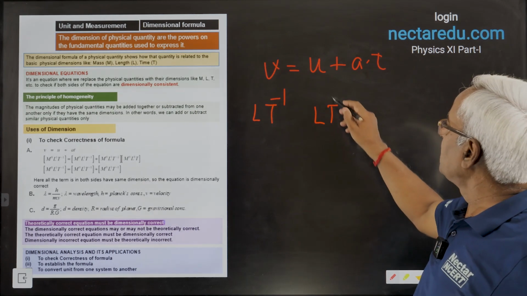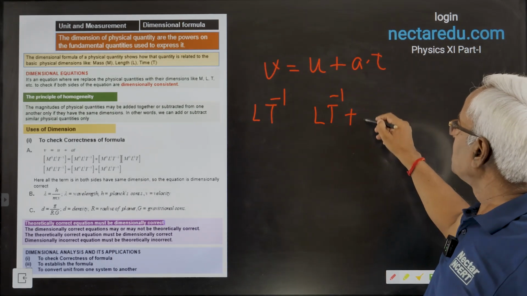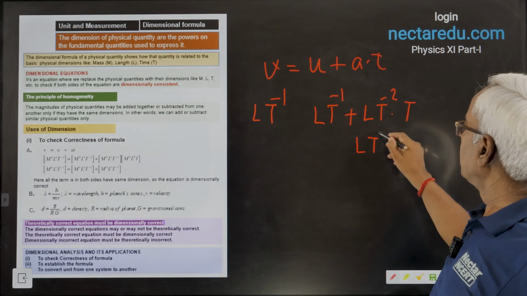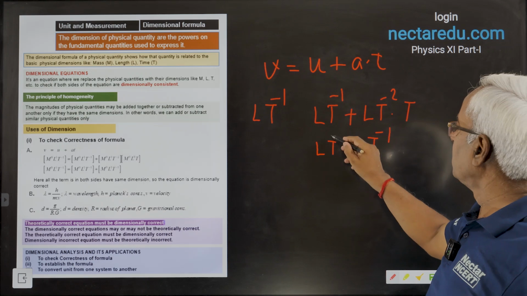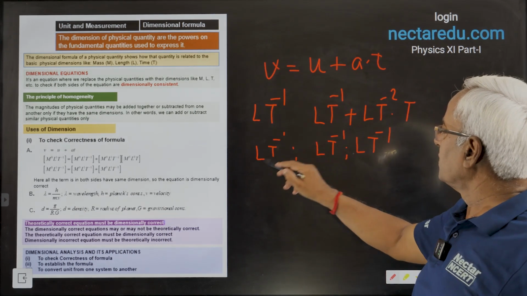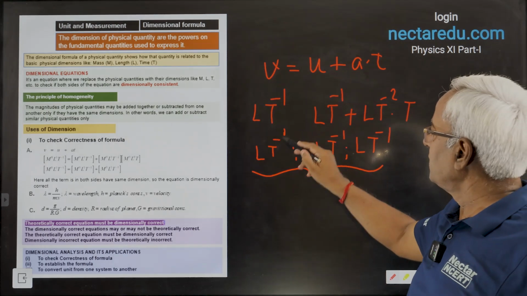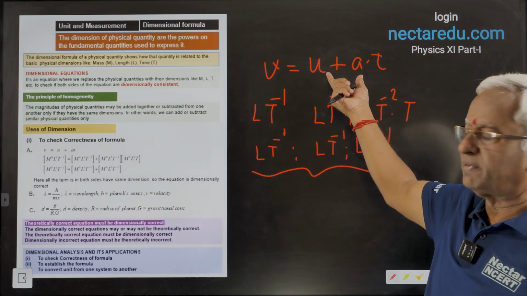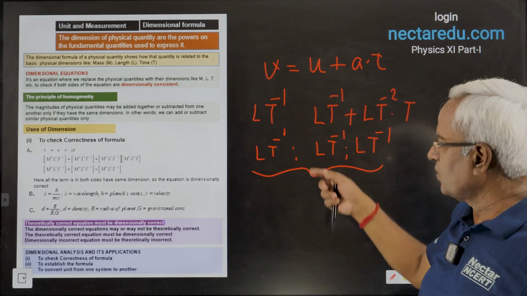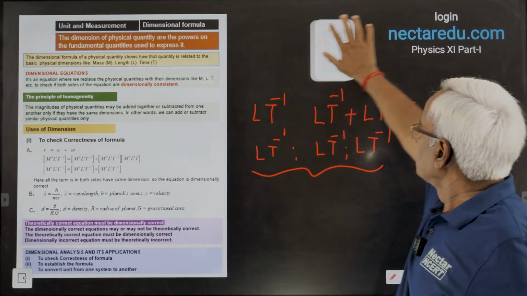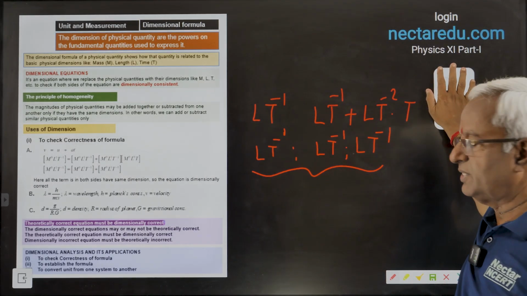Acceleration is LT minus 2, into T, which also becomes LT minus 1. So all the three terms in the equation have the same dimension. This addition is correct on the basis of dimension, and the equation is also correct. This is the simple use that I have elaborated here.